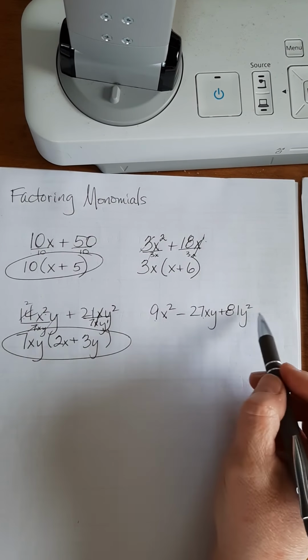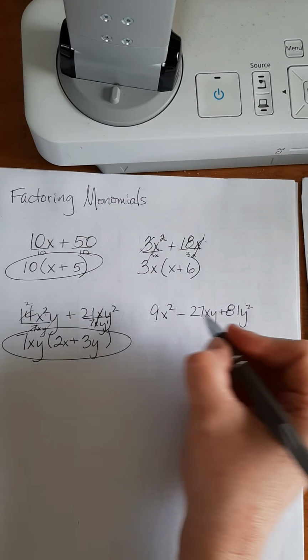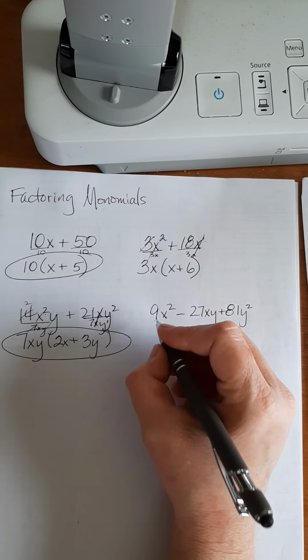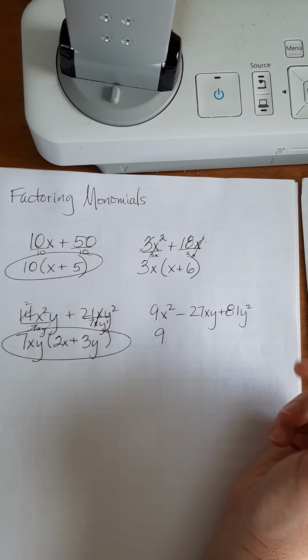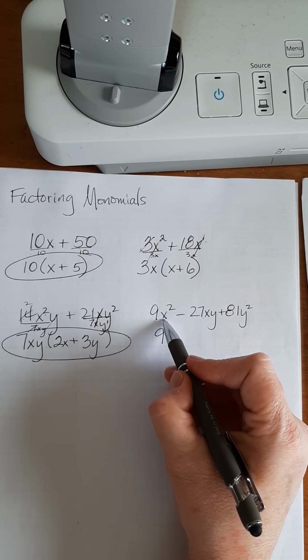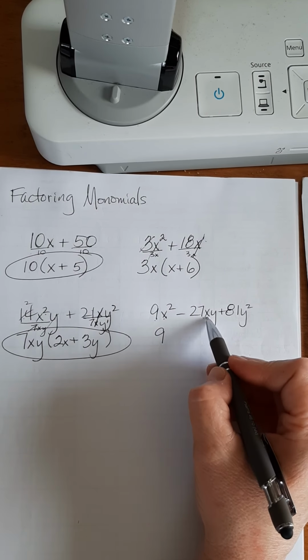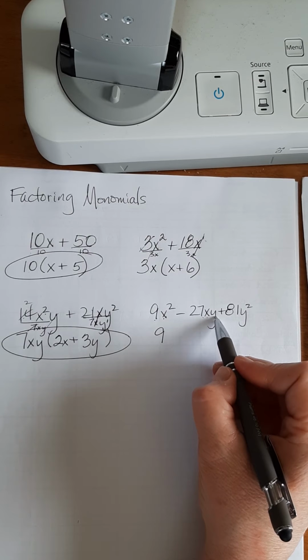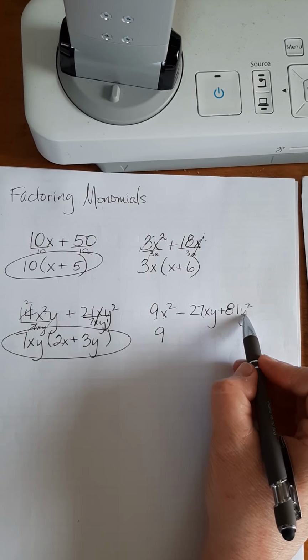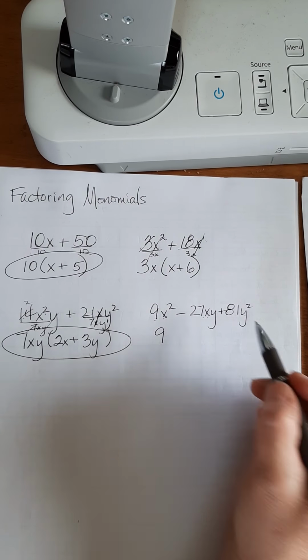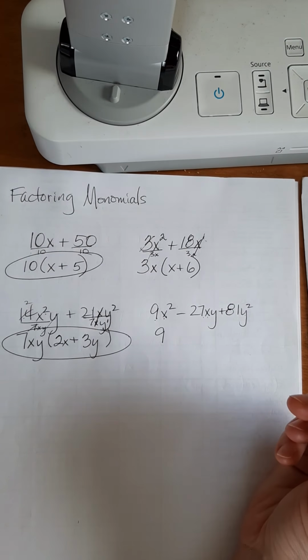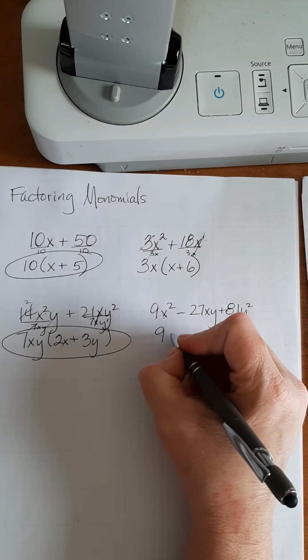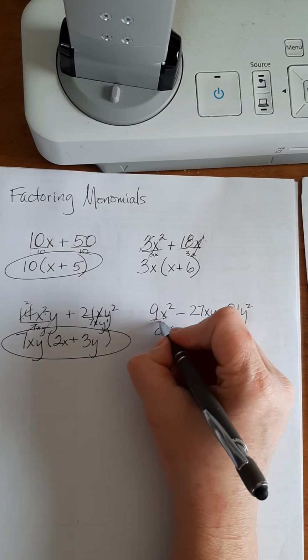The greatest common factor of those 3 is, of course, 9. Then look at the variables. This one has 2 x's, no y's. This one has 1 x, 1 y. This one has 2 y's. So none of the terms have anything in common. So all you can take out is the 9.